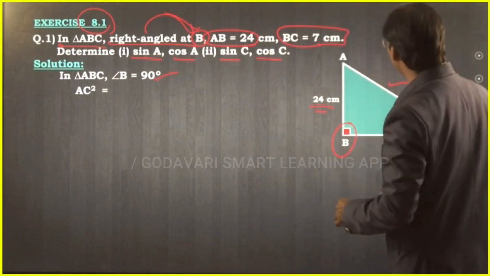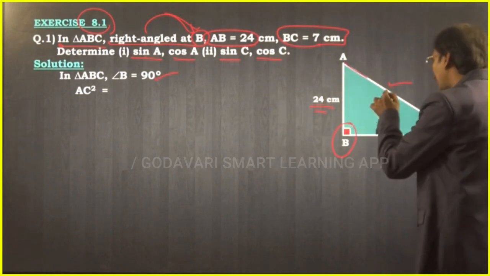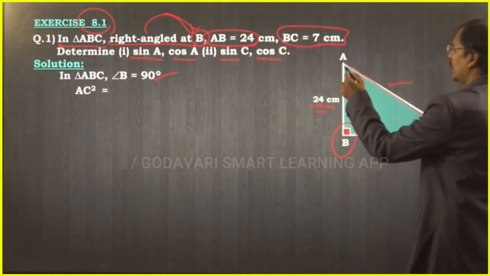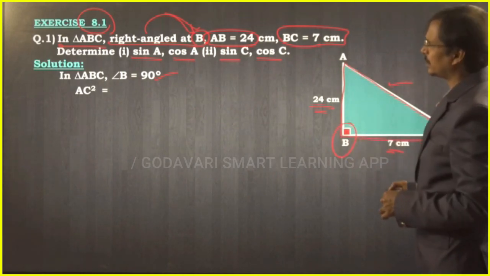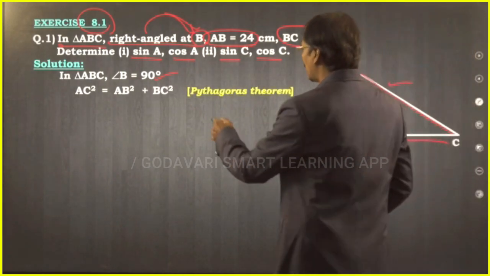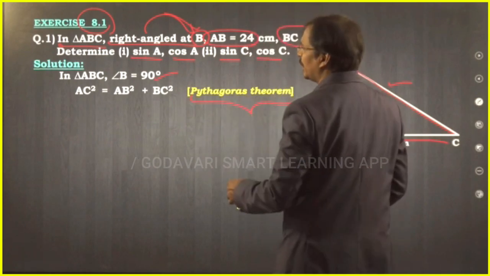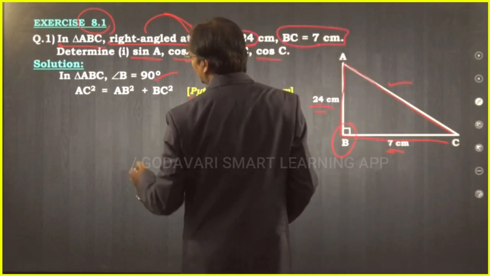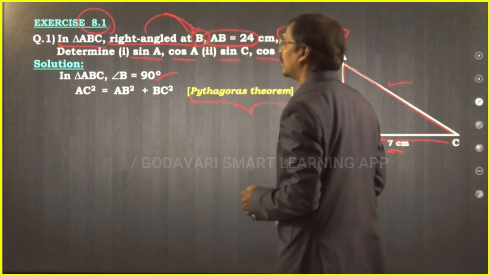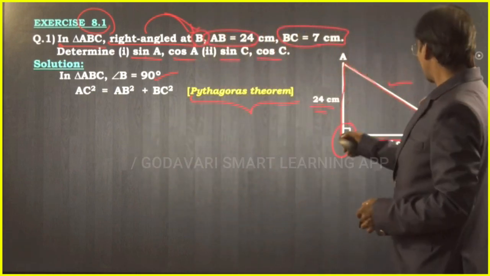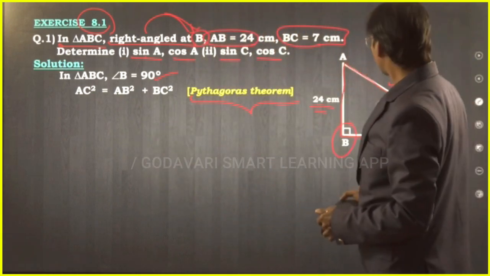The Pythagoras theorem is: the hypotenuse square is equal to the sum of the squares of the remaining two sides. That means AC square is equal to AB square plus BC square.